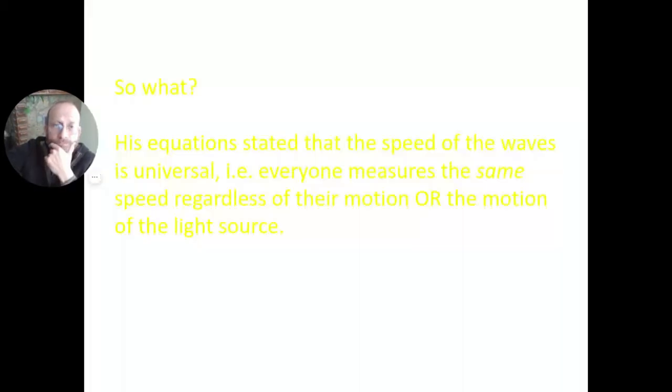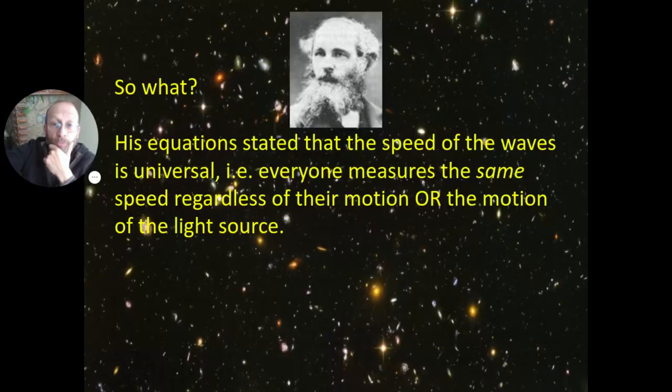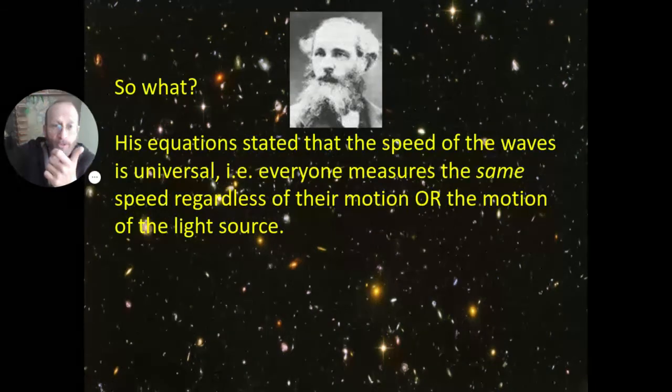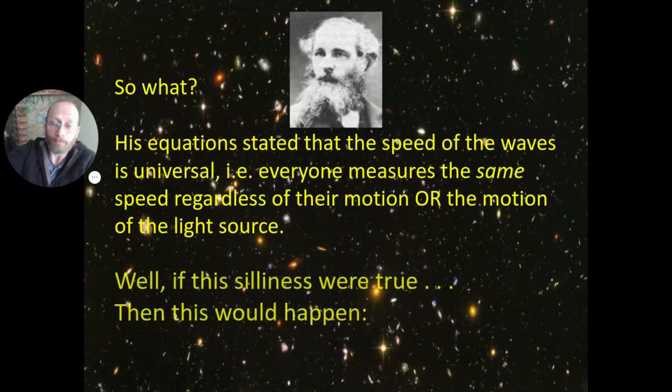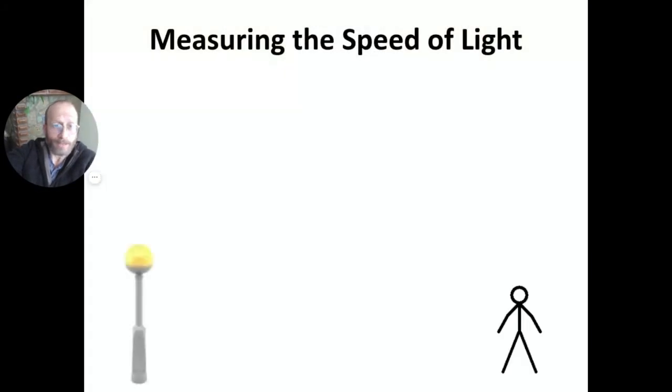Einstein realized, wow, that's going to do some pretty weird things. Including, it's going to mean that it doesn't matter if the light source is moving towards you or away from you. You'd always measure exactly the same velocity, which is pretty weird. And most people said, well, that's just wrong. Einstein said, no, I think it's right. Here's what that would mean.